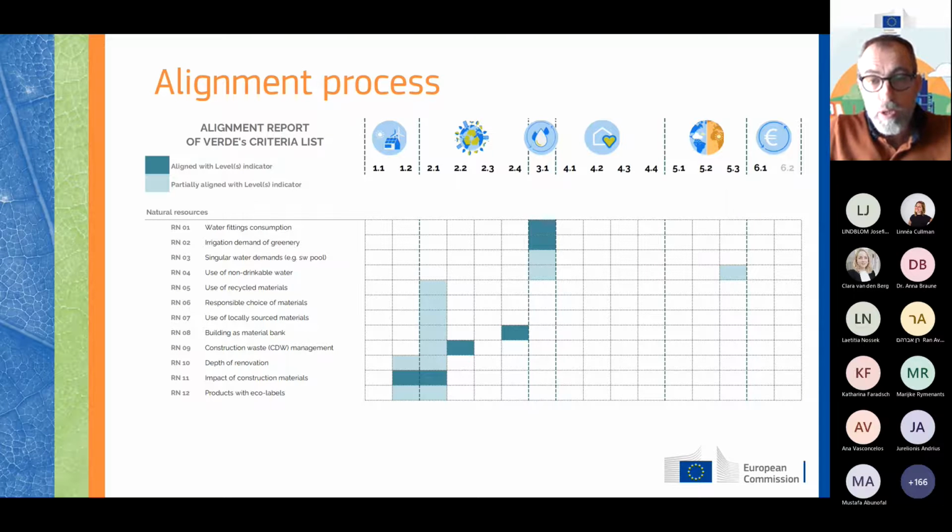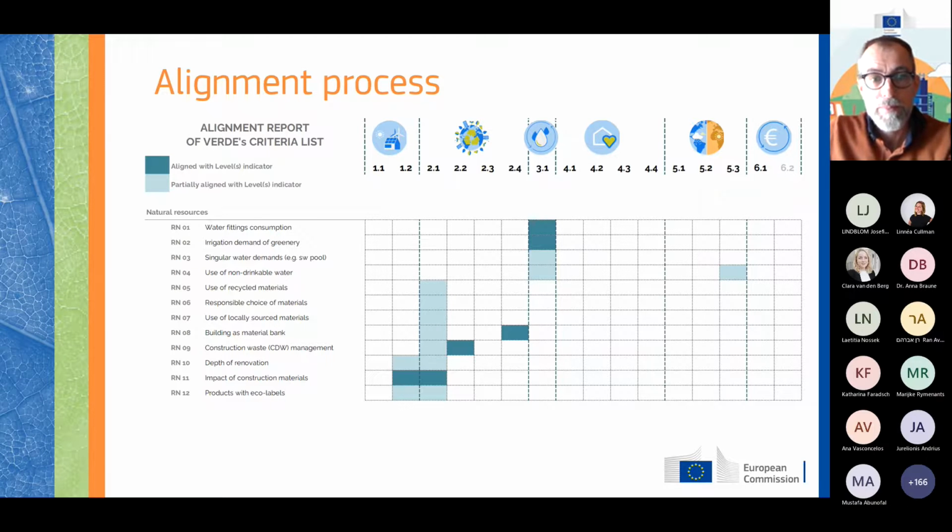In those cases, we looked for the missing data and changed it to the same units. And those which were not aligned with any of Verde's previous existing criteria. In most of these cases, we added new Verde criteria aligning with levels. And then we finally adapted our existing or added new minimum benchmarks and baselines to new or adapted indicators.